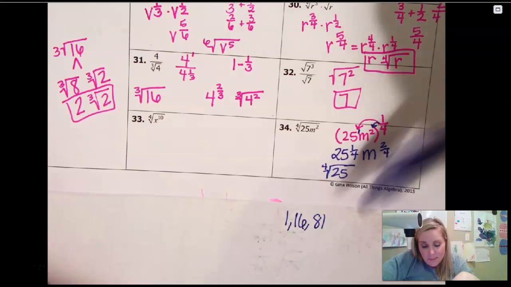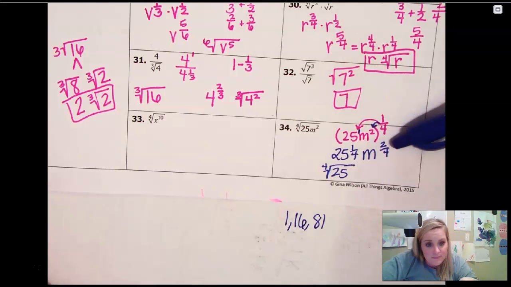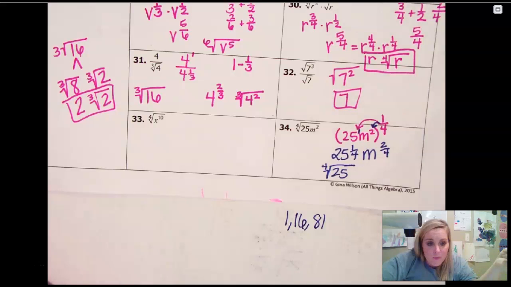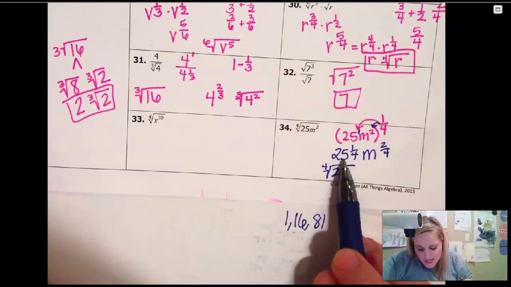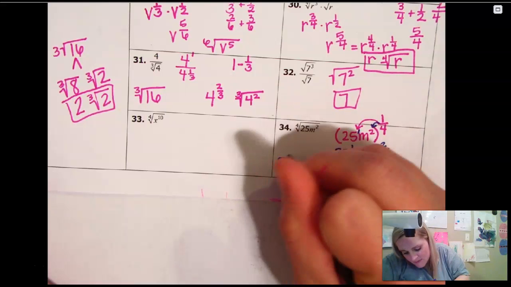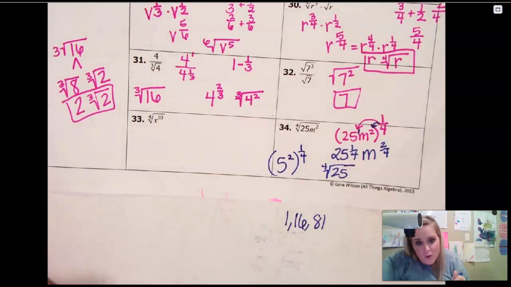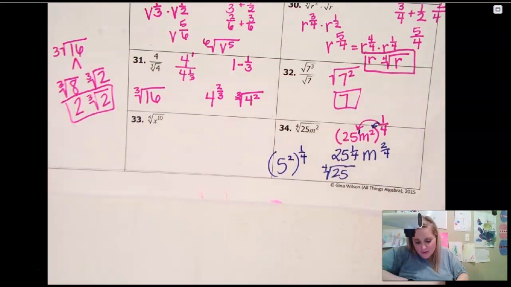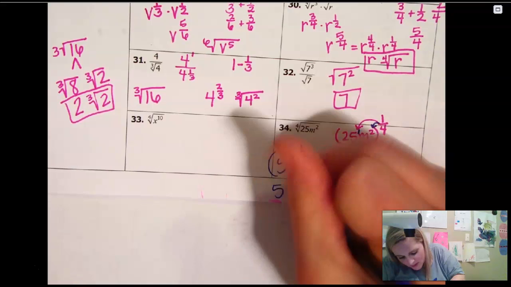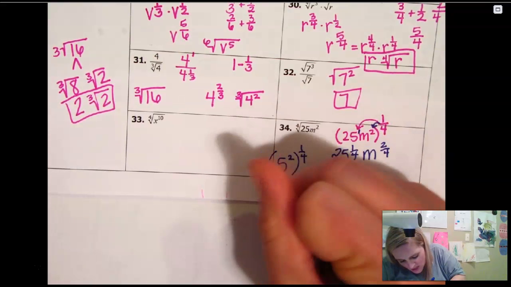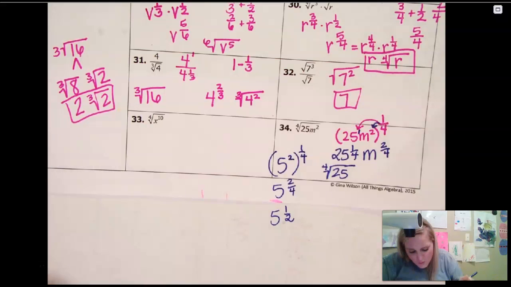So that's a pretty advanced problem. But now that we've seen her do it, we can do that too. You just have to take this 25, write it as 5 to the 2nd, which is equivalent, and you raise that to the 1/4 power. So when you raise a power to a power, that's how she gets the 2/4. That simplifies down to 1/2.